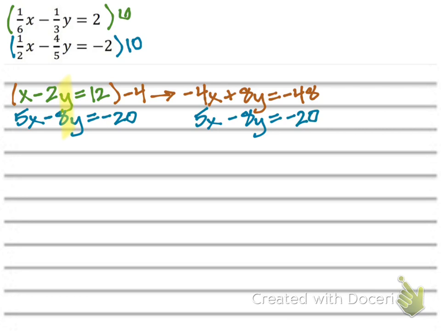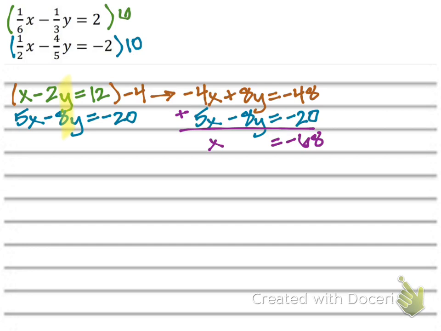And now we're going to add them together, right? So -4x plus 5x is just x. My y's are gone, equals -68. And so now, since I know what x is, we're going to plug in. And I'm going to plug into the x minus 2y guy.